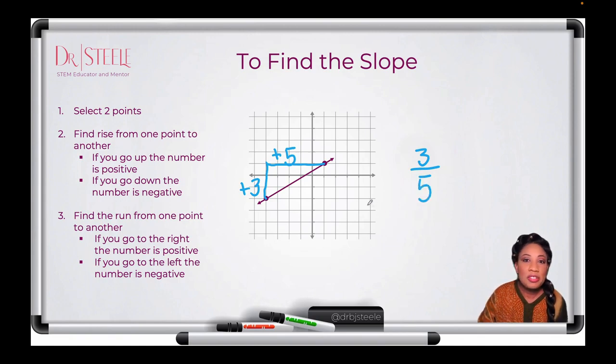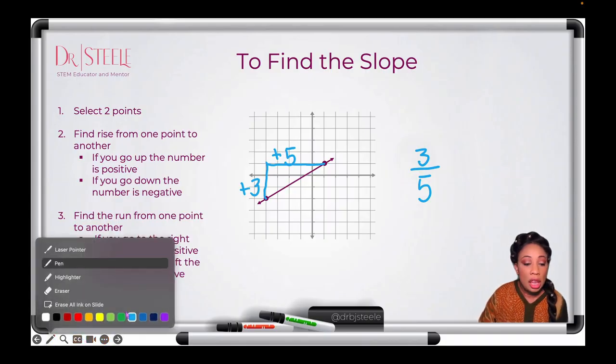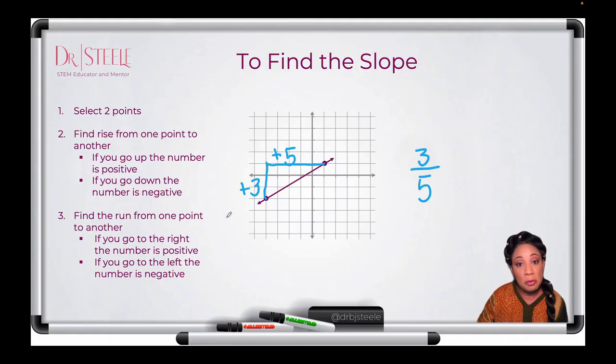Now, I hear some of you saying, but Bridget, what if I do it different? What if I go the other way? Isn't it going to be different? That is a very good question. Let's see. If we go the other way, what happens? So let's say we start at this point, and I'm going to go down 1, 2, 3. Again, I went down, so that's -3.